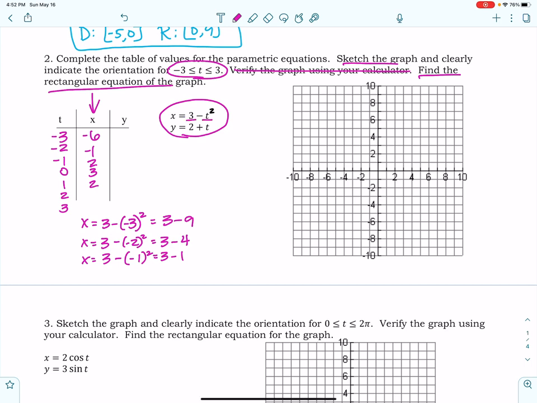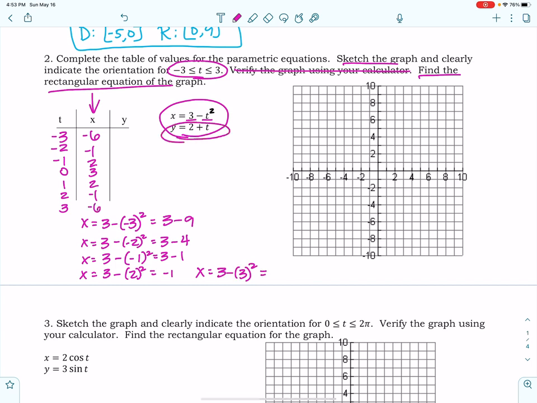At 2, 3 minus 2 squared would give me 3 minus 4, so 3 minus 4 is -1. And then of course at 3, x is equal to 3 minus 3 squared, so that's going to be -6 again.